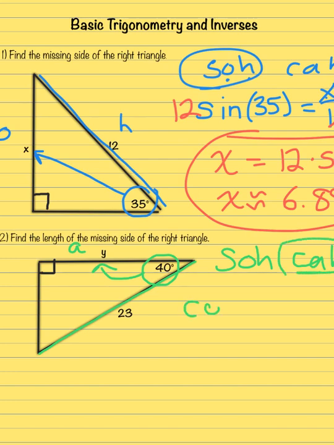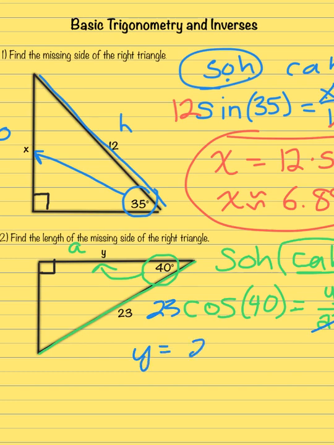So we write it as cosine of 40 degrees equals adjacent, which is the y, over the hypotenuse, which is the 23. And now we can solve by multiplying by your denominator, solve for the variable.